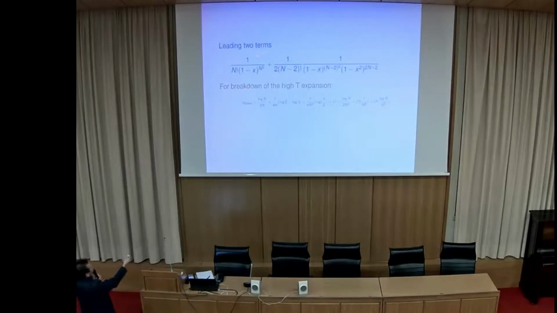You can look at the first two terms and ask where the second term starts becoming comparable to the first, say when it becomes some small number, let's say a hundredth of that. You can solve for what x does that, and you get log n over 2n plus some 1 over n corrections. So that gives you an estimate for where the high temperature expansion will break down.